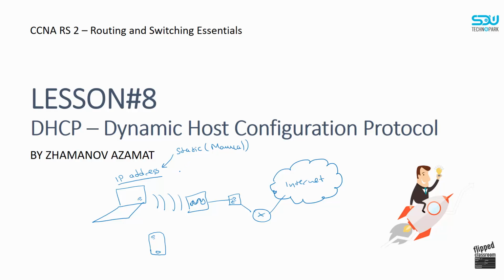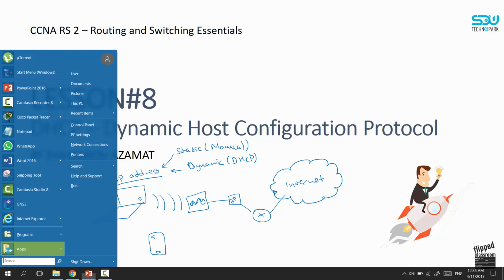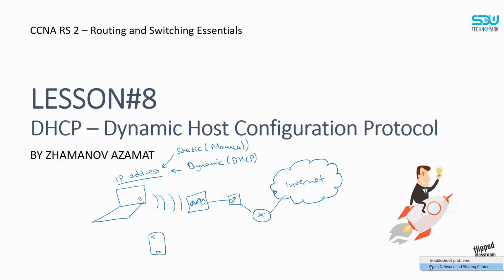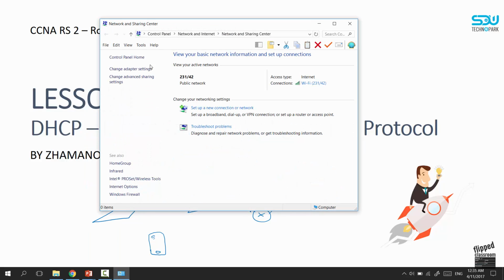Another variant which you can use is dynamic configuration, so with the help of the DHCP protocol. Let me show you how you can configure an IP address manually.